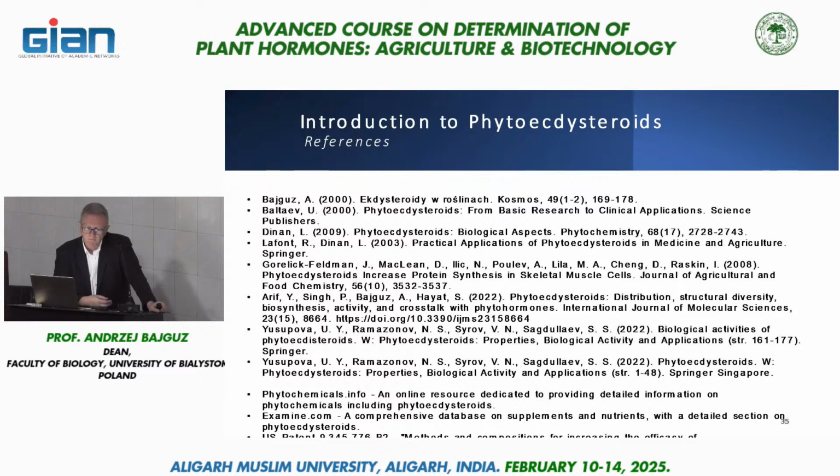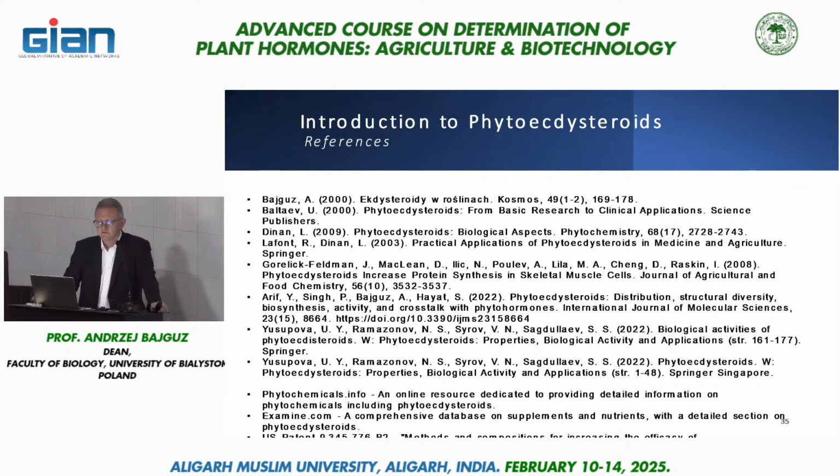The next key difference: phytohormones exert their effects by binding to specific plant receptors and initiating signal transduction pathways. No plant receptor has been identified that specifically recognizes phytoecdysteroids yet.